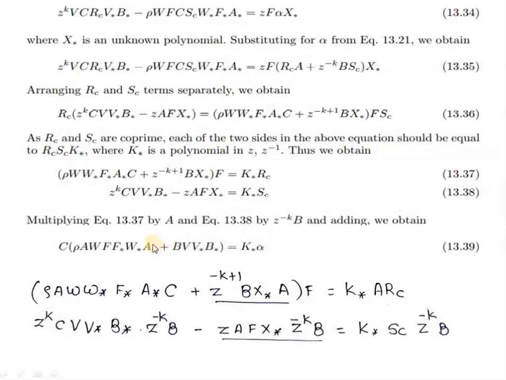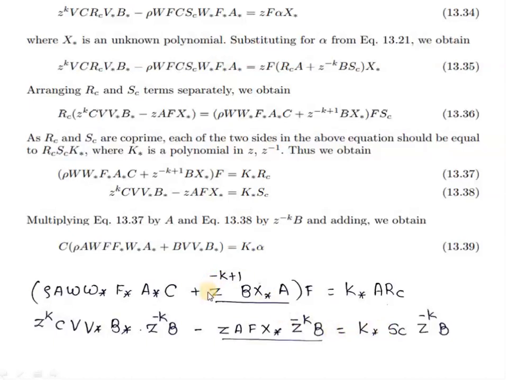Now how do we get this equation? As we multiply this equation by A, and at the same time multiply this equation by z raised to minus k into B, while adding we add the left hand side and, at the same instant, the right hand side terms.